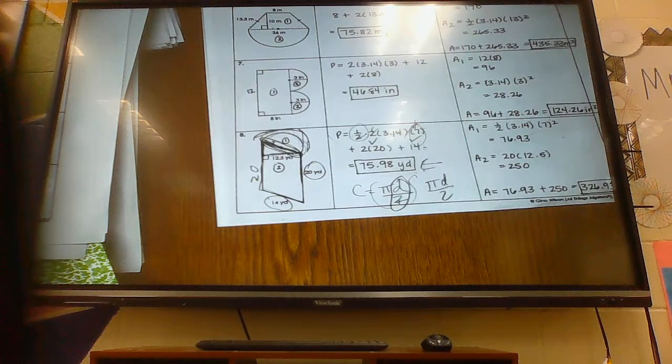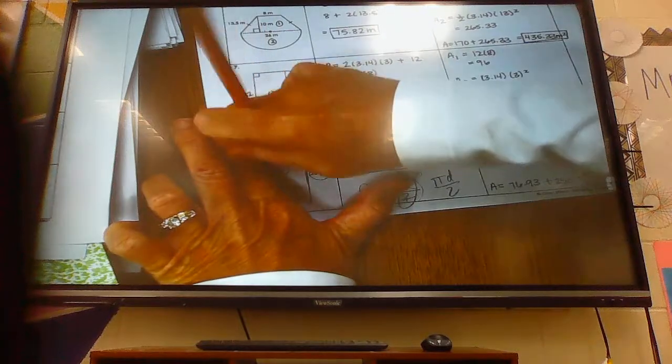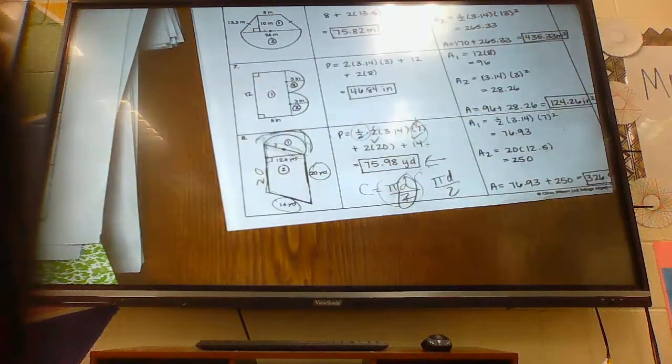We'll do some more review over finding area and perimeter. What you need to practice and try to memorize are the formulas. You will not be given them on your test. Yes, Ryan? Well, how would you find the side of, like, the height of the triangle? The height of what? Triangle. You don't need to.